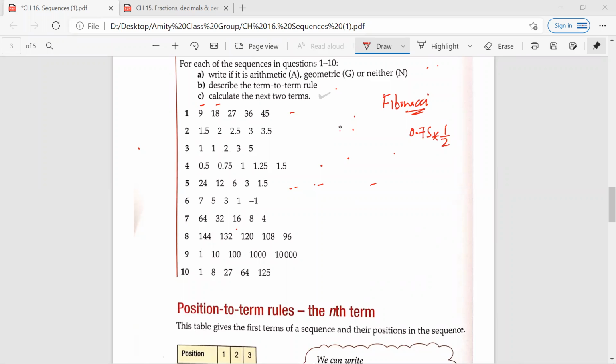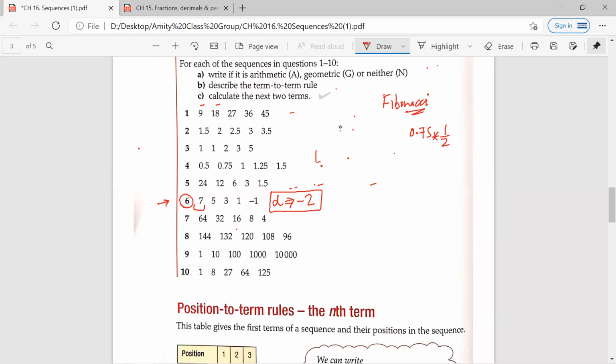So question number 6, Soumya. Question number 6 is an AP, and the next terms are -3, -5, and the difference is -2. Once you understand that the common difference is -2, then please try to understand what we are doing.